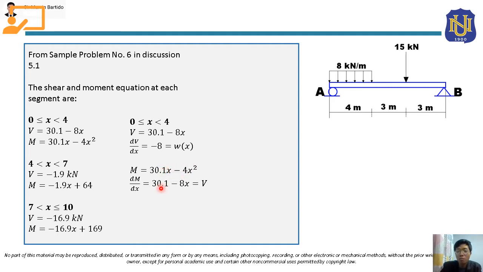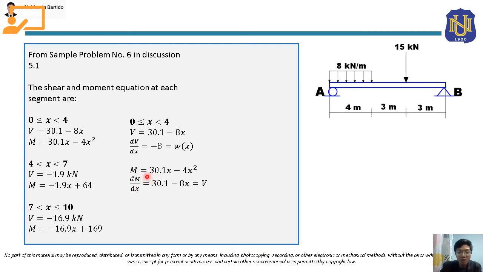This is 30.1. And for the derivative of negative 4x squared, we multiply the exponent 2 to 4, and then subtract 1 from the exponent, so that will become negative 8 times x. So this will be the derivative of the moment equation with respect to x.